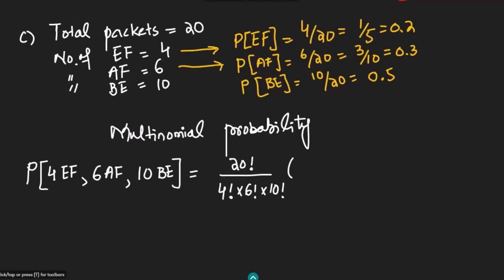So, the probability of EF is given here, that is 0.2, and the power of it will be the number of elements in that class. Okay, this is now this 4, and also here this 4. Similarly, now the probability of AF is 0.3, and the number of elements here is 6, and also the probability of BE is 0.5, and the power it has is 10, which is also given here.